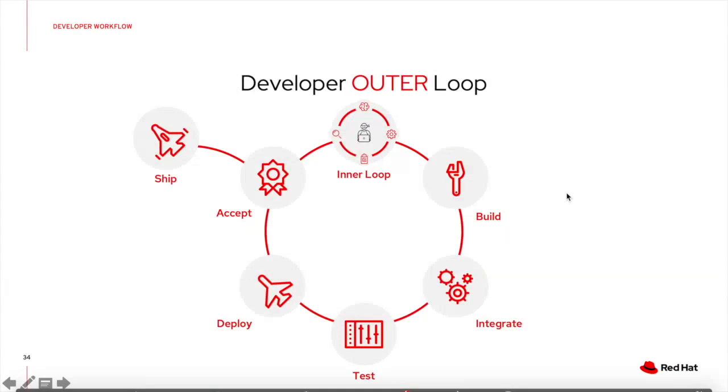Once the developer finishes tasks in his inner loop, he commits the source code to a shared source repo, and the developer outer loop starts. That outer loop consists of several tasks, including building the source again, integrating it, testing it through several stages, deploying it to several stages again, executing acceptance tests and security tests, and finally it turns out to be a shippable product.